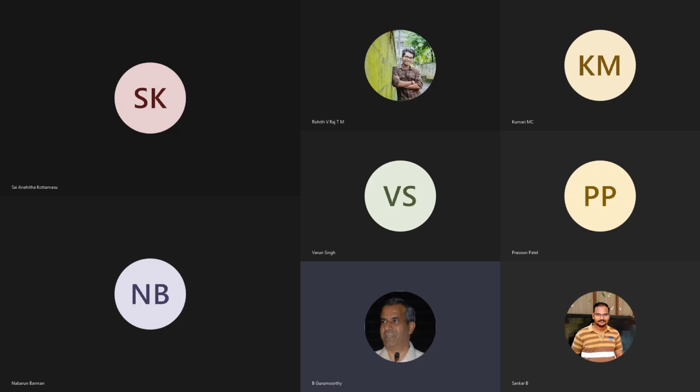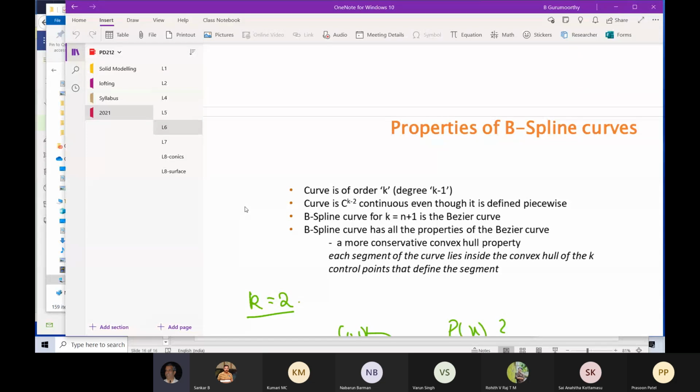After looking at B-splines, we finally derived one spline curve. The more important thing to note was that even though it was defined piecewise, it provides continuity up to order k minus 2, where k is the order of the curve.